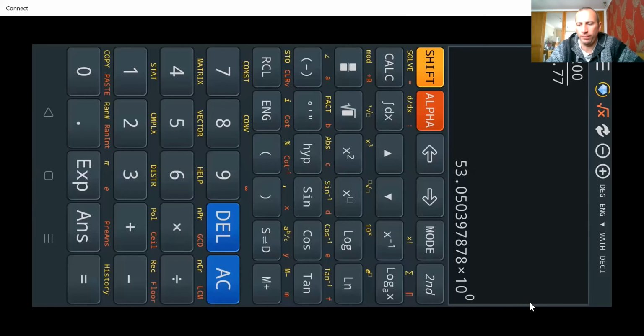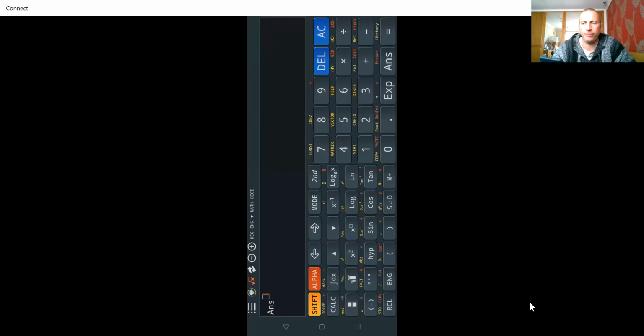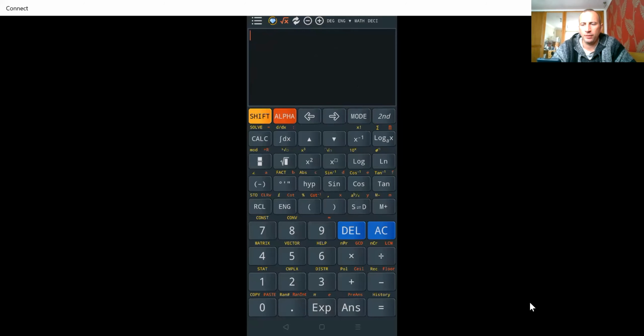So we've got 1 over 2 shift pi times 100 times 10 to the 3 times 640 times 10 to the negative 9. And we've got 2.49 ohms for that one, rounding it up.